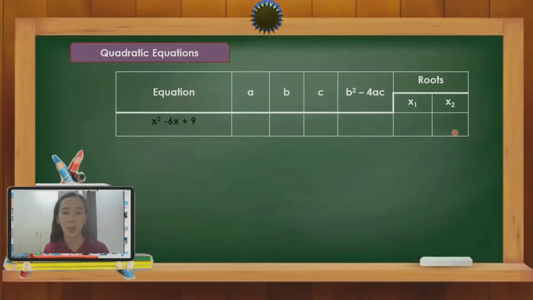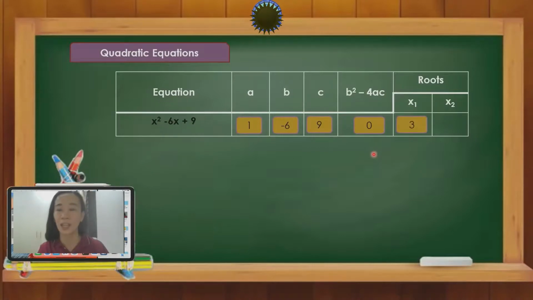Another equation was x squared minus 6x plus 9. What were the values of a, b, and c? Brilliant, Guadans! The values of a, b, and c are 1, -6, and 9. How about the value of b squared minus 4ac? You're on the right track, Guadans. That is 0. What are the values of the roots?